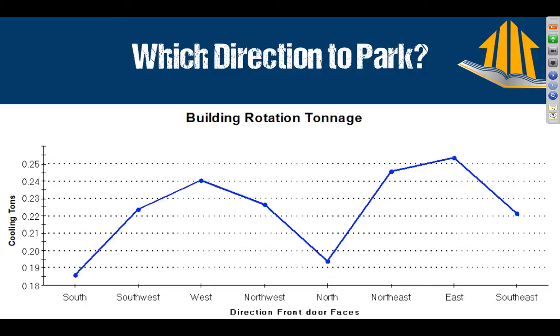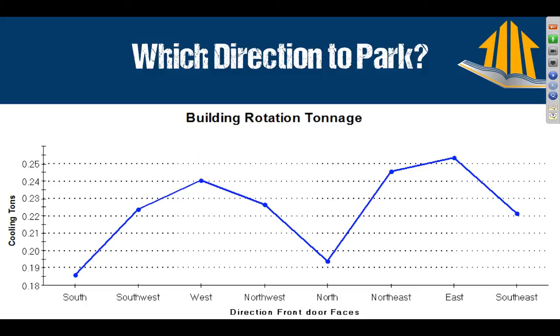If I park with the front door facing south, that means my tiny house, directionally, if I was driving it, would be heading west. If I park it that way, I'm going to be the most efficient possible. If I park it so that my front door is facing east, which would mean my tiny house is heading south, that would be the least efficient way to do this.